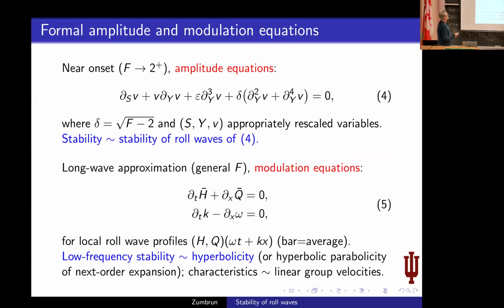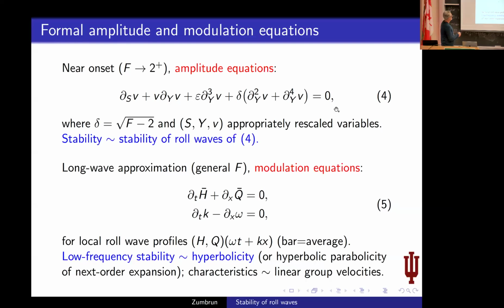Okay, so formal amplitude equations. Here are the Bar-Nepomnyashchy equations. You see the first is KdV, take epsilon equals 1, delta is small for us, and there's a Kuramoto-Sivashinsky type regularization. So you kind of combine both.